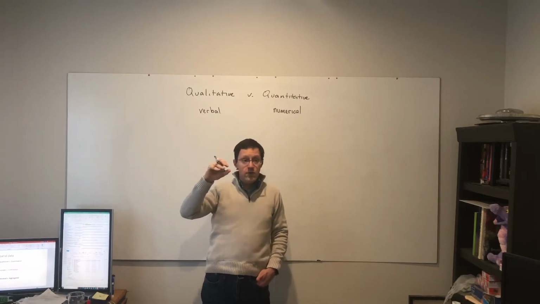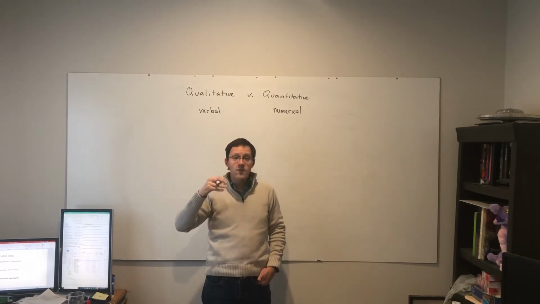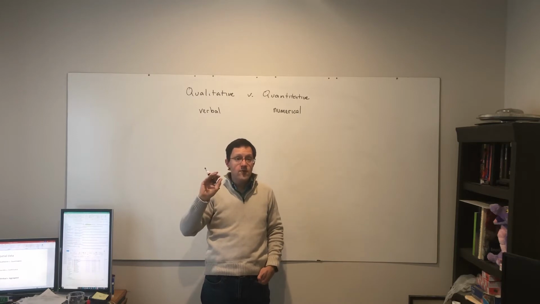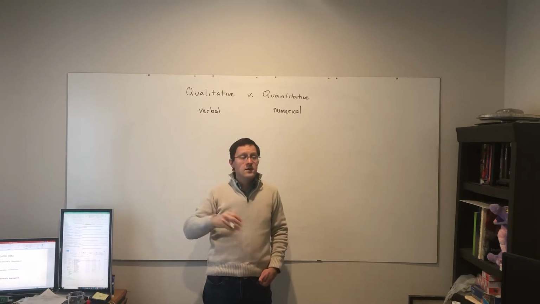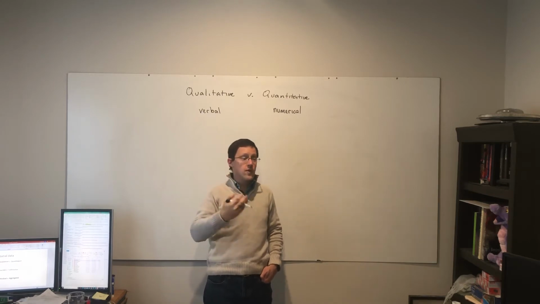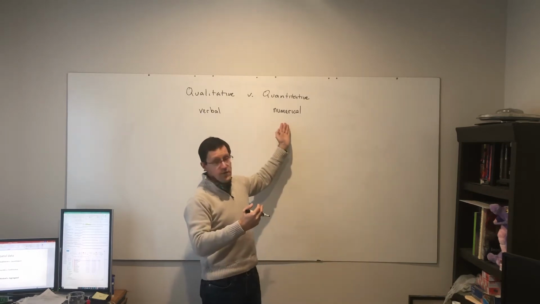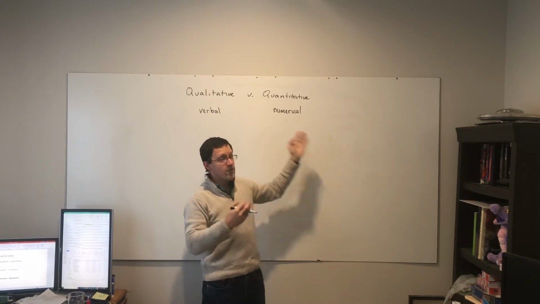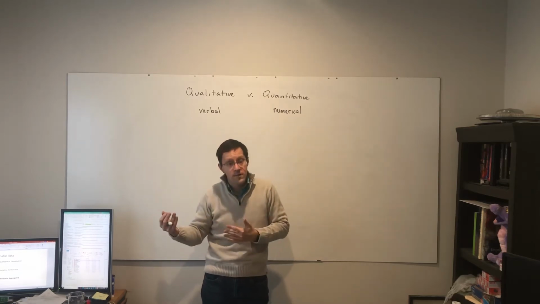Those words then, because they have an order to them, get turned into 5, 4, 3, 2, 1. And we then work with those numbers, even though they may be useful for a quantitative analysis, they started out as words.